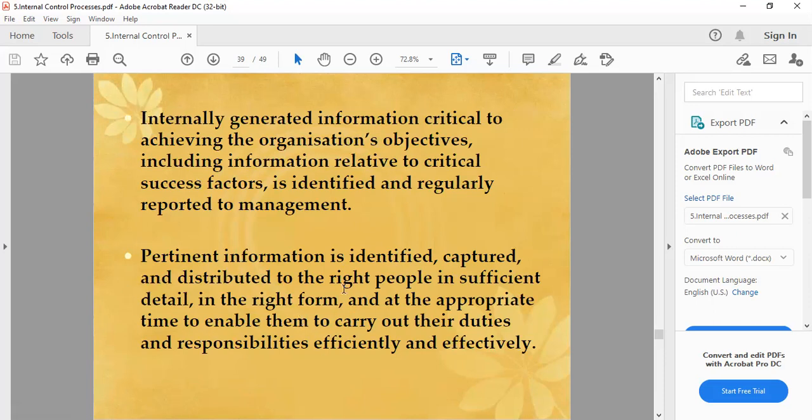Pertinent information is identified, captured, and distributed to the right people. So meaning corresponding and relevant information in sufficient detail, but not so much to the point that it would be burdensome to those who are reading them, in the form and at the appropriate time. So again, timeliness versus accuracy, to enable them to carry out their duties and responsibilities efficiently and effectively.